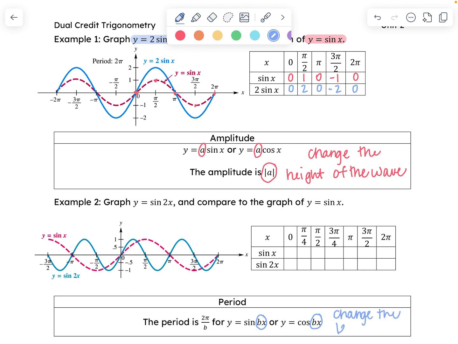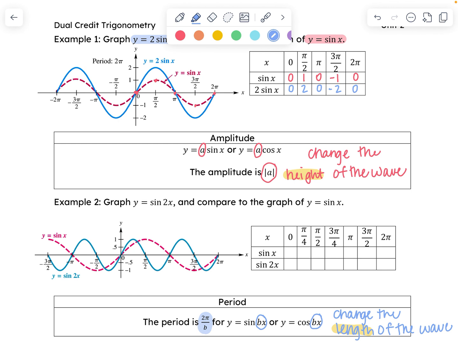So the amplitude is talking about the height, the period is talking about the length. And your period is found by using this formula, 2 pi over b. So 2 pi over whatever you're multiplying by inside of that sine or inside of that cosine.